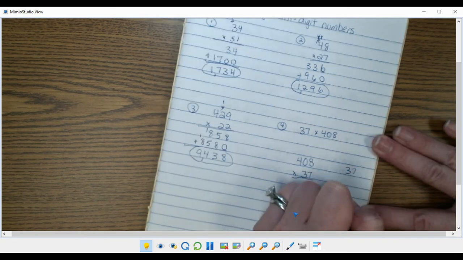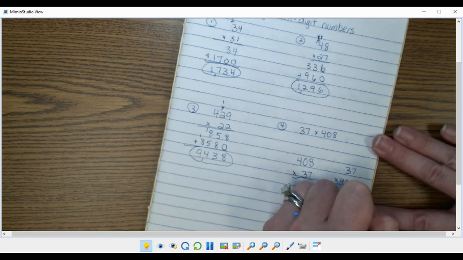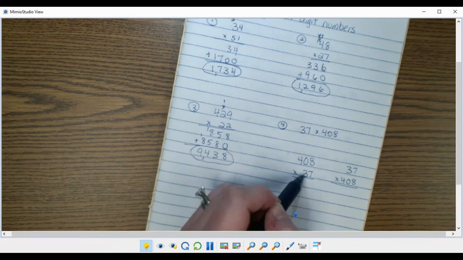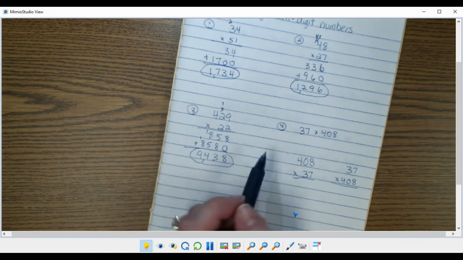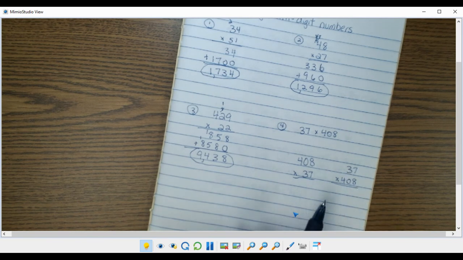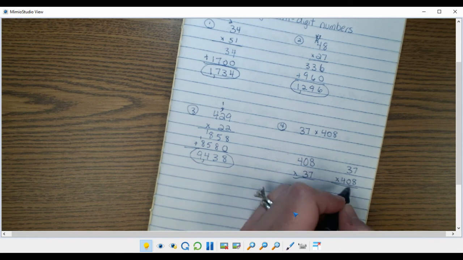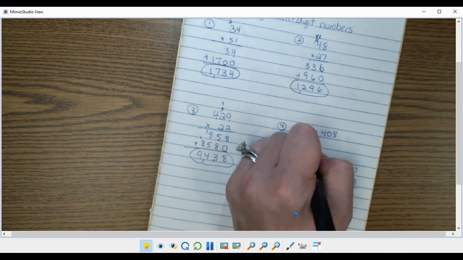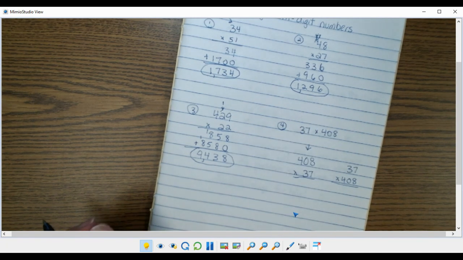And the reason that I would do that is it's only a two-step problem then, right? 7 times all the stuff and 3 times all the stuff. If I put it with the 37 on the top, now I've got 3 that I have to do. 8 times everything, 0 times everything, and 4 times everything. It's not wrong to do it this way, but I think with the larger number of digits on top, it's a little bit faster.